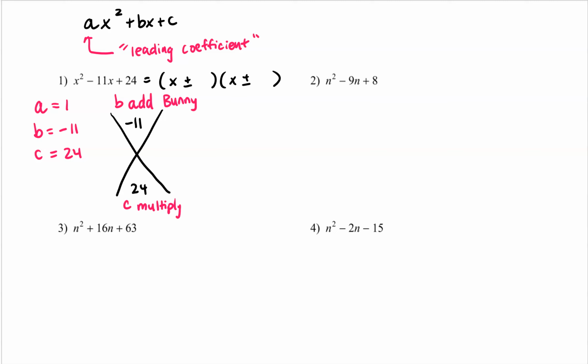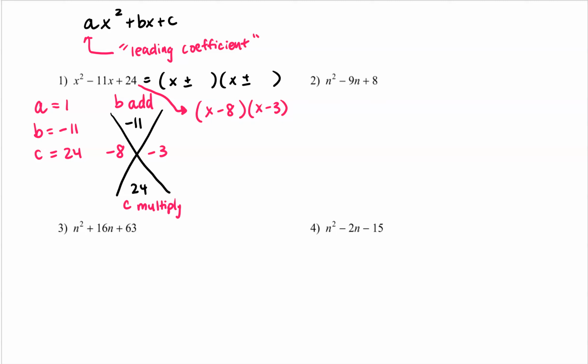And so that's how I remember that I need to find two numbers that add to negative 11, or the b value, because of Bad Bunny. So two numbers that add to negative 11 and multiply to 24 are negative 8 and negative 3. So what that means is our original expression, we can factor into x minus 8 times x minus 3.